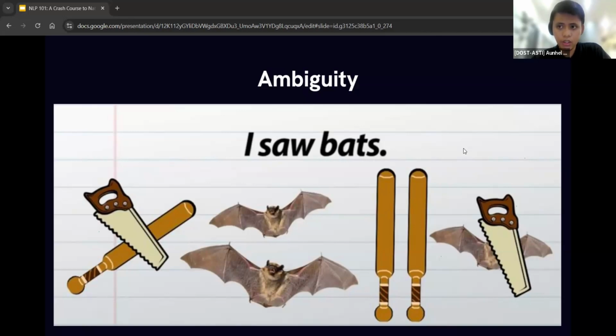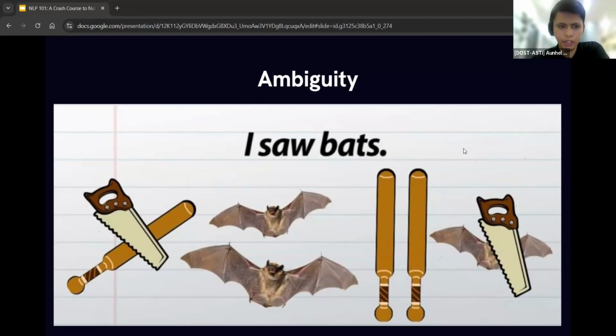Did you see many bats, many baseball bats? Or did you use a saw to cut an animal into two? So the sentence I saw bats can still be very ambiguous. As humans, we can somehow extrapolate, but imagine machines dealing with this type of ambiguity.